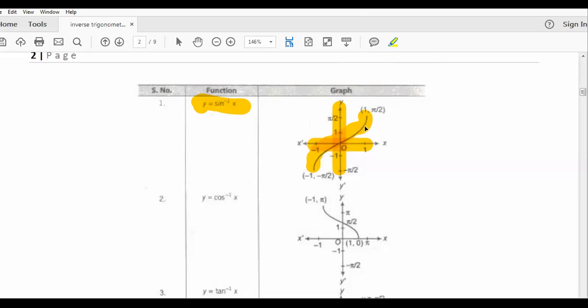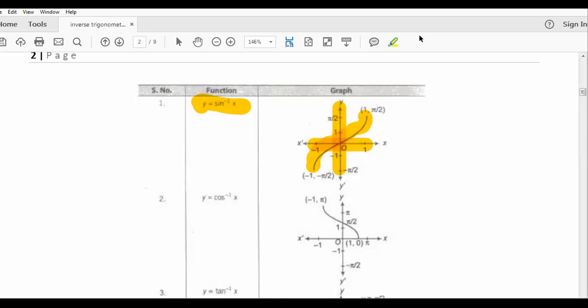So this is a graph. At this point, x is 0, sin inverse value is 0, so this point is the (0, 0) point. Now when we move to this side, when the value of x is 1, what is the value of sin inverse 1?